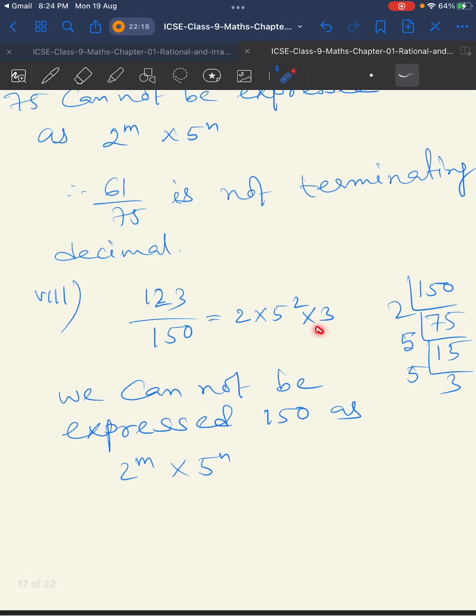Here also you see 3, so we can't express 150 as 2 to the power m into 5 to the power n. Hence 123 by 150 is not a terminating decimal.